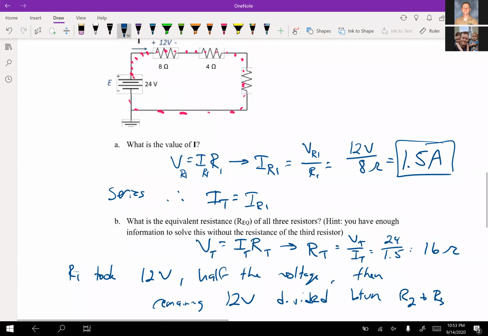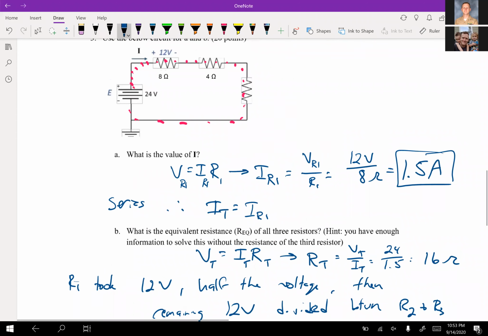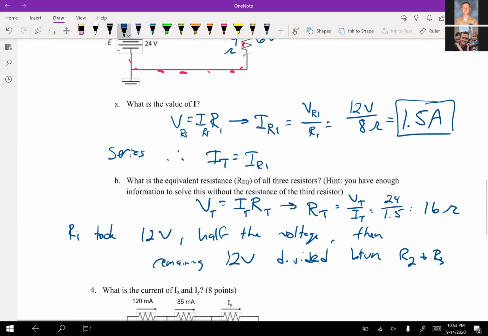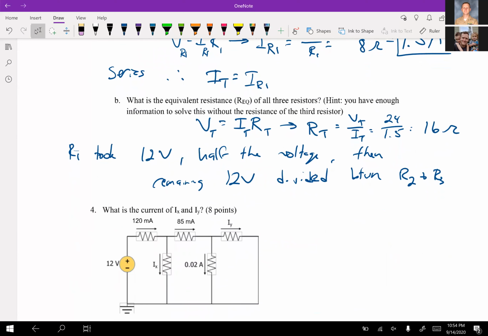Since we know that R2 is half of 8, we can see that the voltage across here should have been 6 volts, which means this is 6 volts, which means this is 4 ohms as well. You could do a KVL, you could do your circuit analysis, but 8 plus 4 plus 4 also comes out to 16.